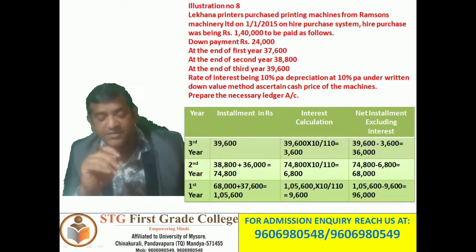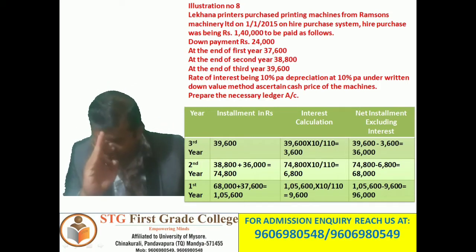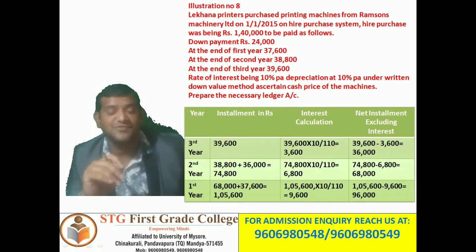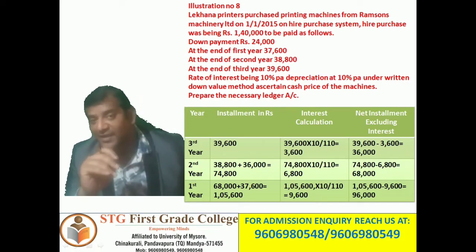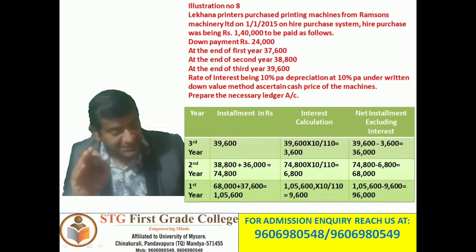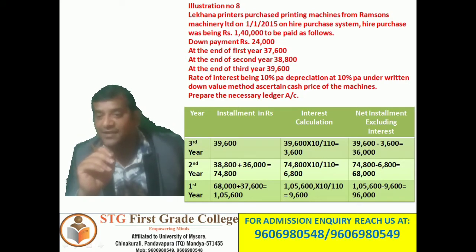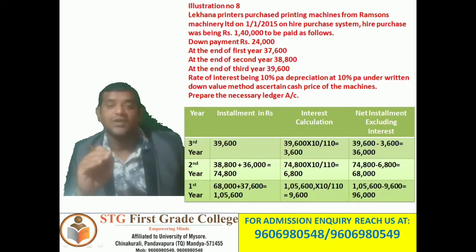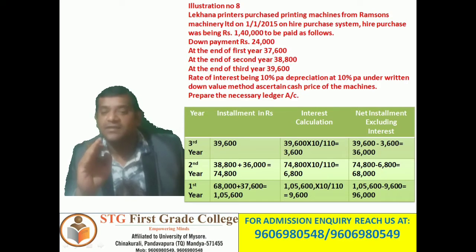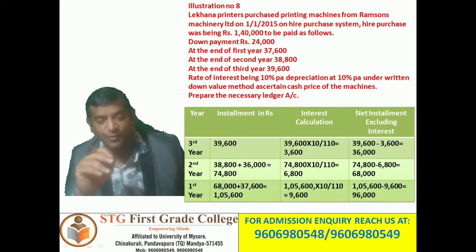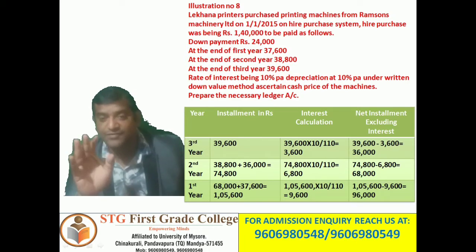Next the interest calculation: 1,05,600 into 10 divided by 110 comes to 9,600. So 1,05,600 minus 9,600 gives the net installment excluding interest, which comes to 96,000 rupees. Clear? I believe you have understood the table.